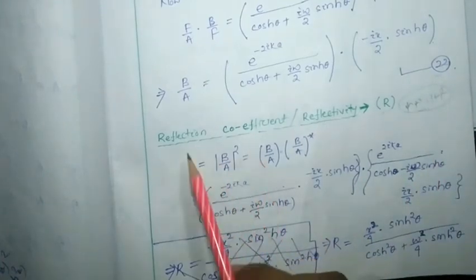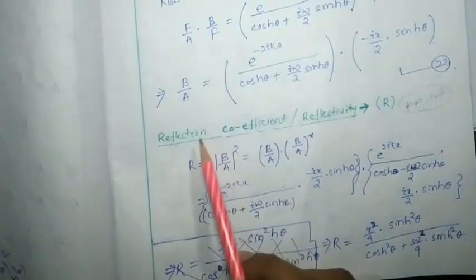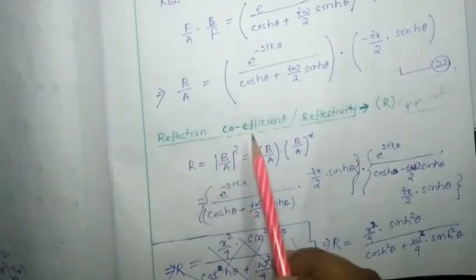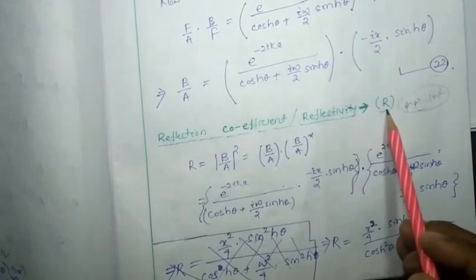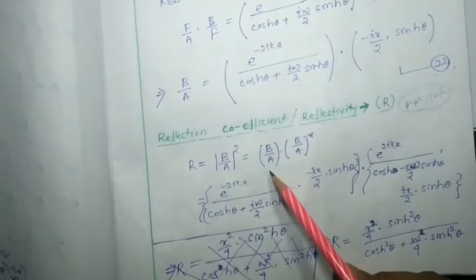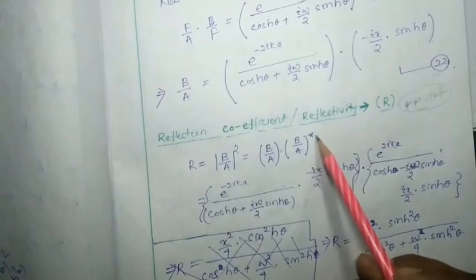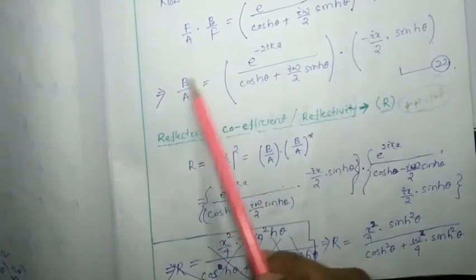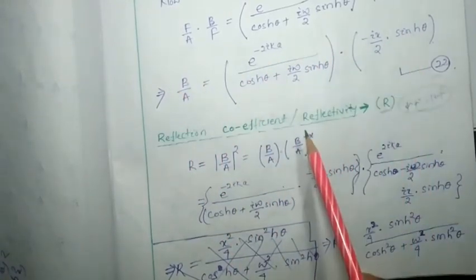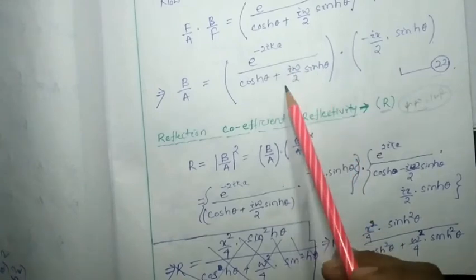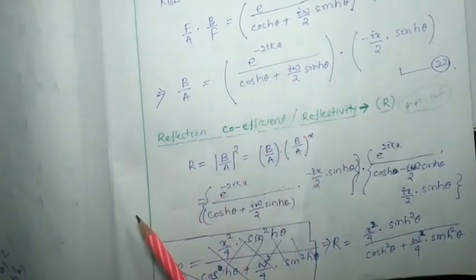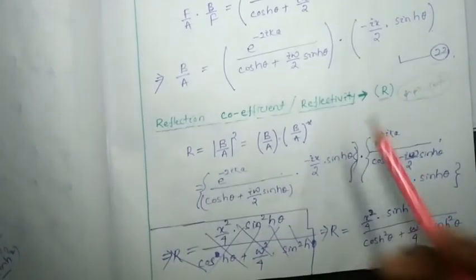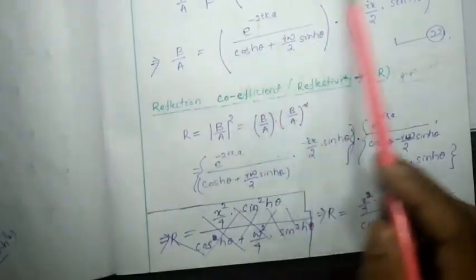Likewise, this is also the probability density of reflection in region 1, the so-called reflection coefficient or reflectivity, represented by R. So this will be b by a into b by a star. We got b by a is this one, and b by a star will be, wherever i is there, we are going to consider minus i. So first we have to write b by a. B by a is this much.